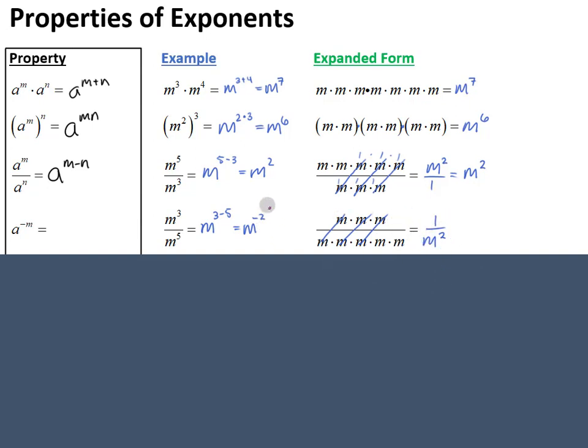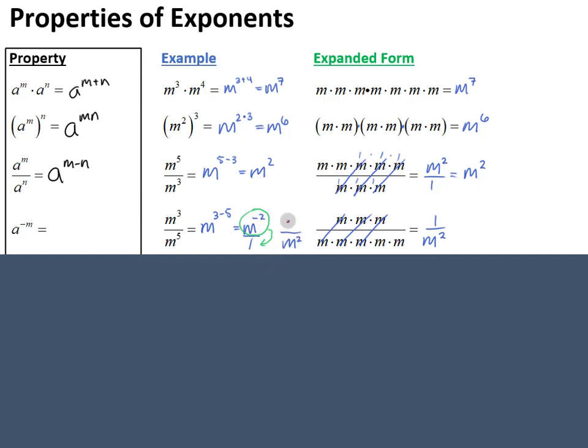And the answer is that if I thought of this as being a fraction, so just any value, we can put over 1. To make my exponent positive, we actually take this value, whatever has the negative exponent, and we change its place in the fraction. So that's actually going to move to the bottom and become a positive exponent.